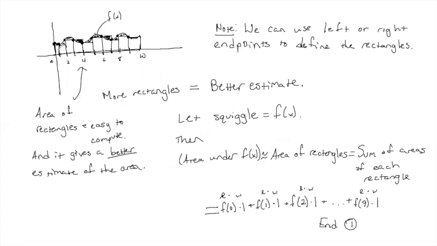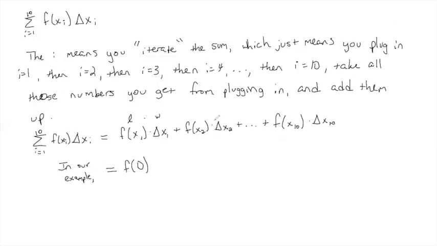The second one was 1, third one was 2, so on and so forth. And the width of each rectangle in this case, they're all the same, was 1. So the width of the first rectangle was 1. The height of the second rectangle was f of 1. The width, again, was 1.